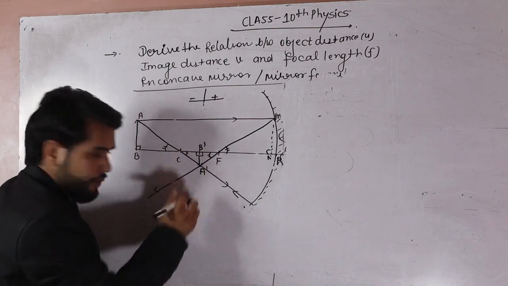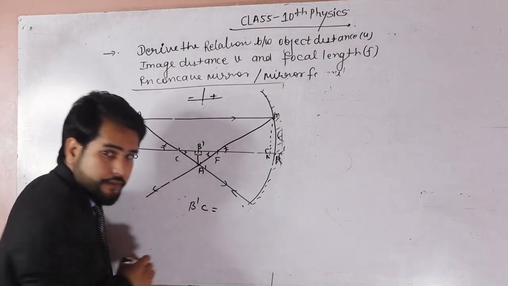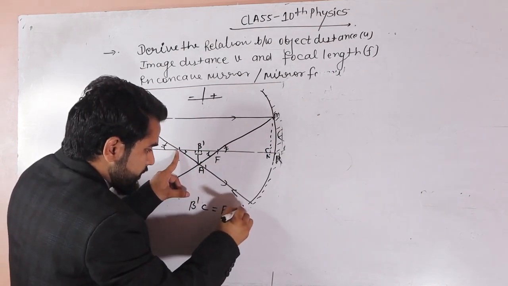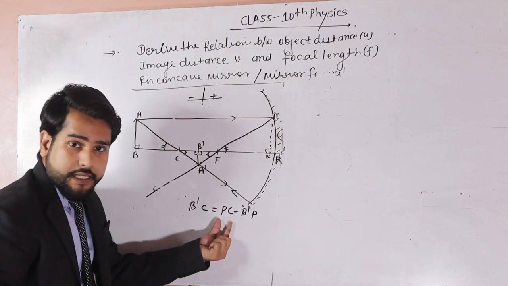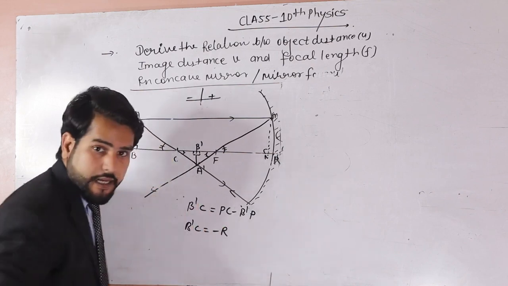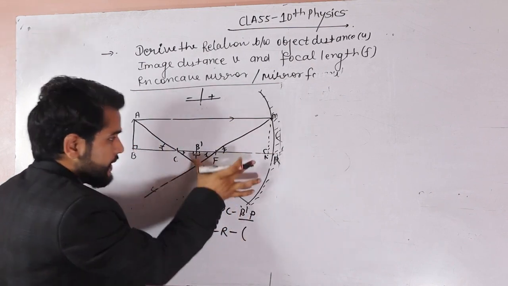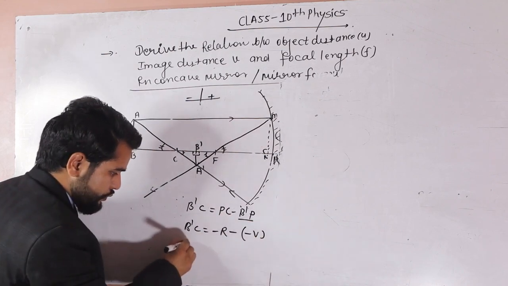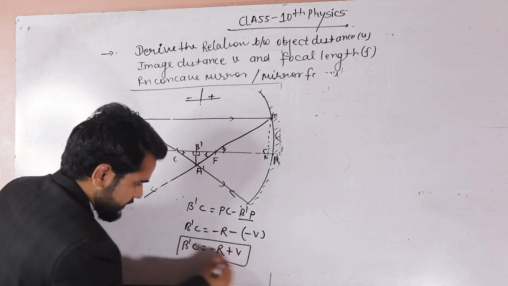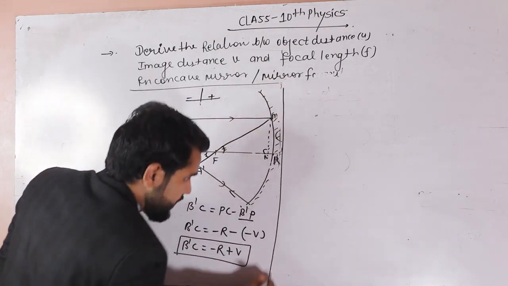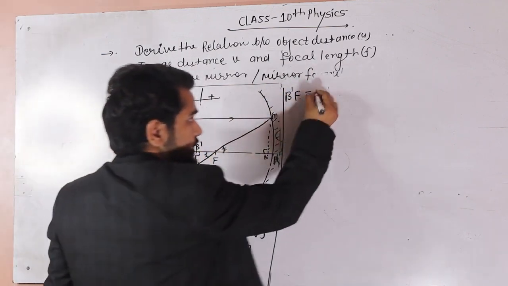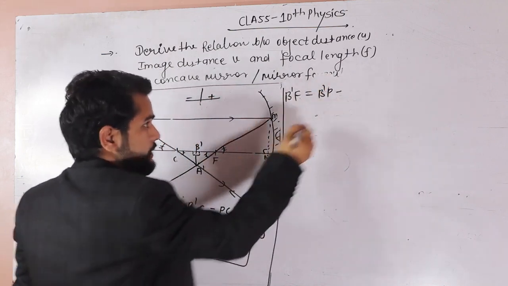B'C. What can we write? B'C can be written as PC minus B'P, and PC is the radius of curvature, it means minus R, minus B'P, the image distance, minus v. So B'C equals minus R plus v. Clear? Okay. B'F. B'F can be written as B'P minus PF.